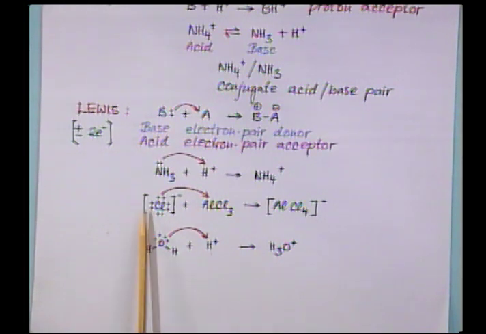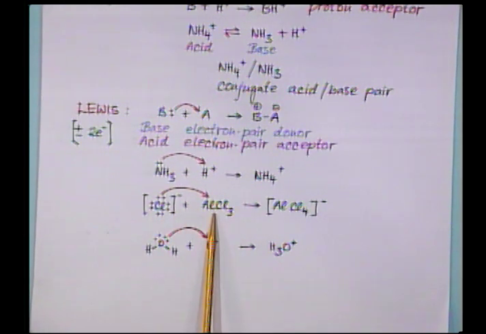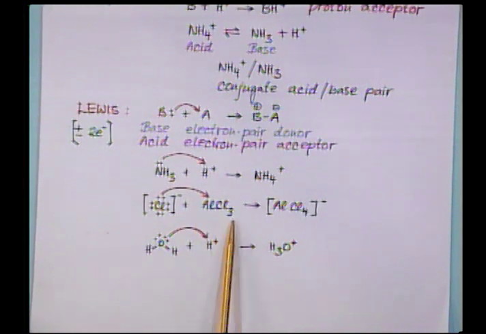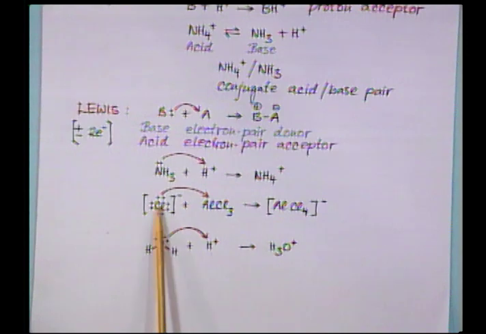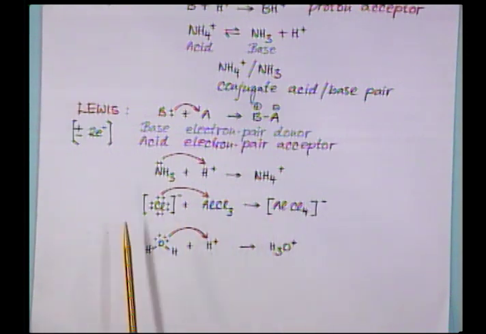And together they make the ammonium ion. Or chloride would act as a Lewis base for aluminum trichloride and make the aluminum tetrachloro anion. And you see this reaction, or this aluminum chloride or trichloride as it's often said also, is a Lewis acid.